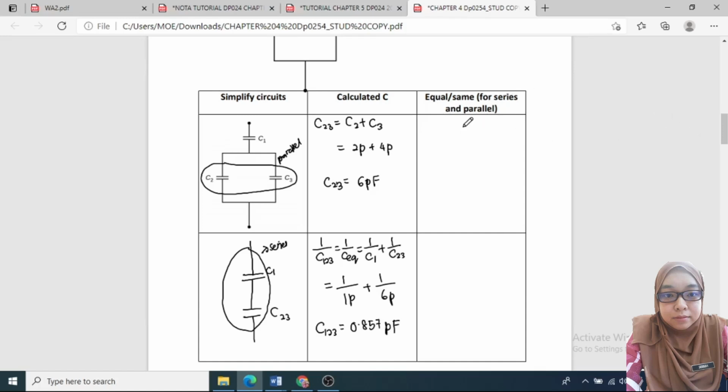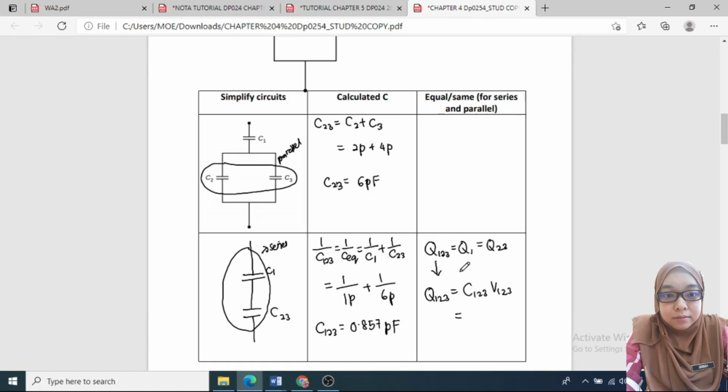Alright, so from here we calculate the charge. We go from the bottom one to the upper one. So this one in series, what is the same is Q. So we write here Q123 is equal to Q1 is equal to Q23. So we calculate the first one, which is Q123 is equal to C123 V123.